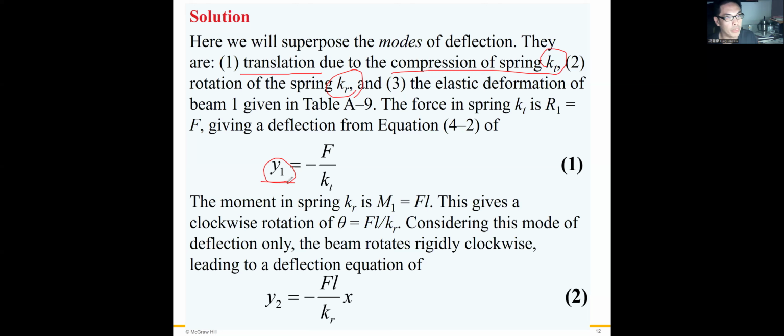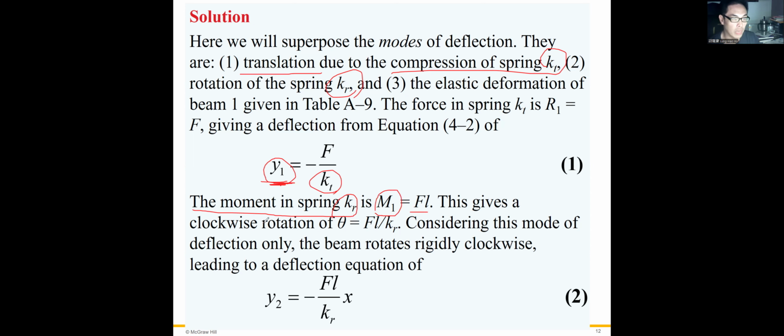For y1, due to Kt, the left end will move vertically by F over Kt. Also, it will rotate at this left support end. The moment in the rotational spring Kr is M1 at point 1, equal to F times L, where L is the length of this rod.